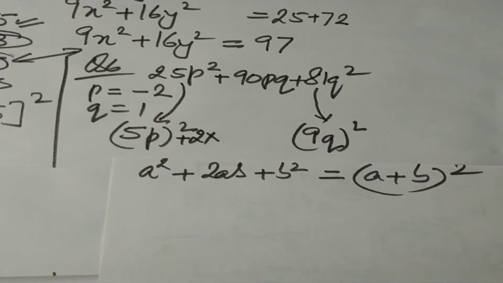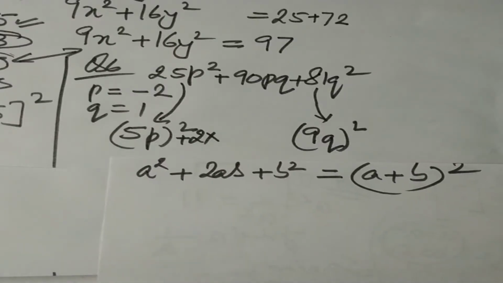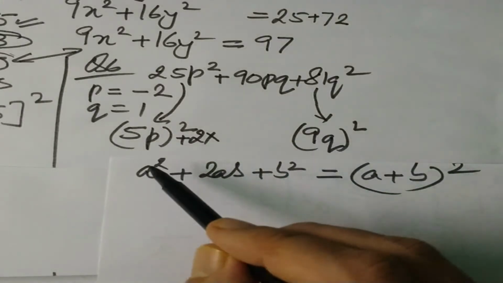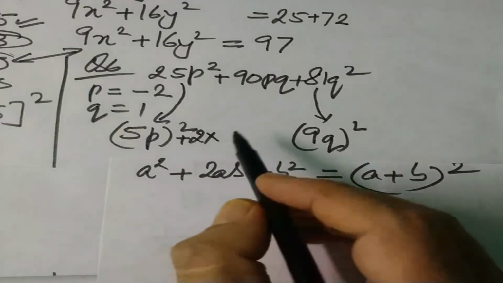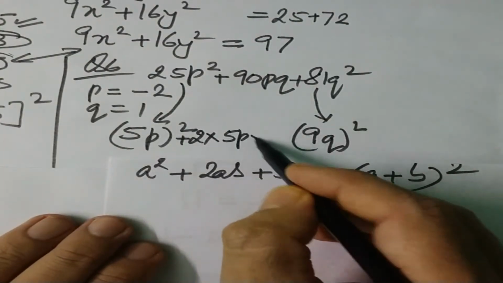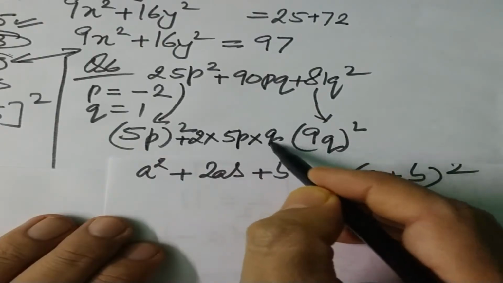So see this formula. What is the value of a and what is the value of b? A is equal to 5p, and b is equal to 9q. So this is b and this is a. So what will it come? 2ab means 2 into 5p into 9q.